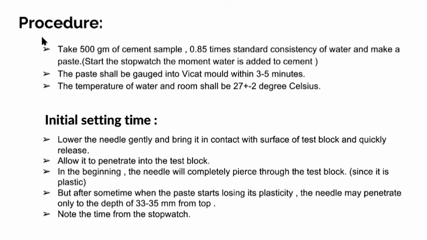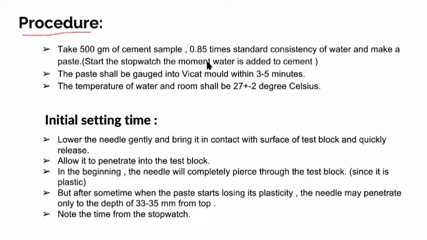What is the procedure for finding the initial and final setting time? First, we take 500 gram of cement with 0.85 times the standard consistency of water and make a paste.